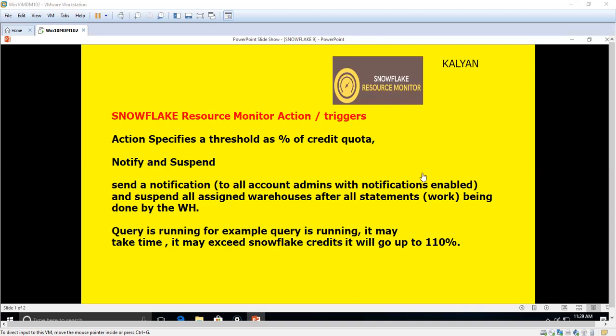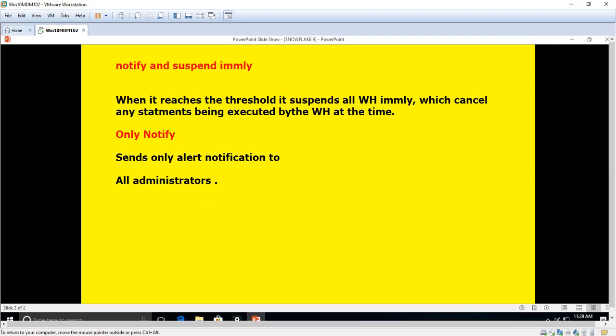Another action is notify and suspend immediately. That means when it reaches the threshold, it suspends all warehouses immediately, canceling all the statements being executed by the warehouse at that time. We have executed one query and we are waiting for a long time, but unfortunately the Snowflake credit is getting exhausted and nearing the limit.